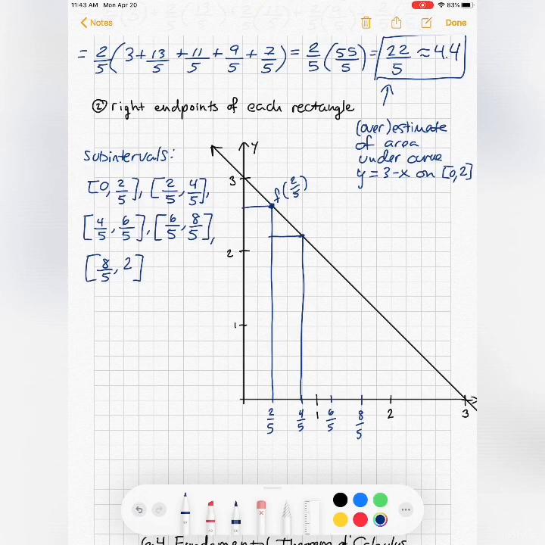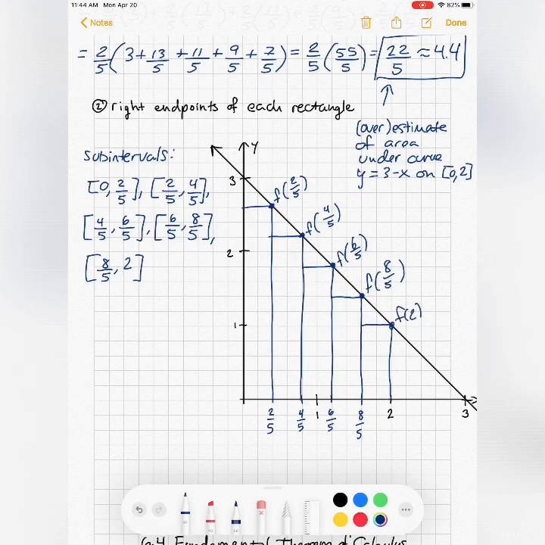The height of that rectangle f of 4/5, f of 6/5, f of 8/5, and finally f of 2.